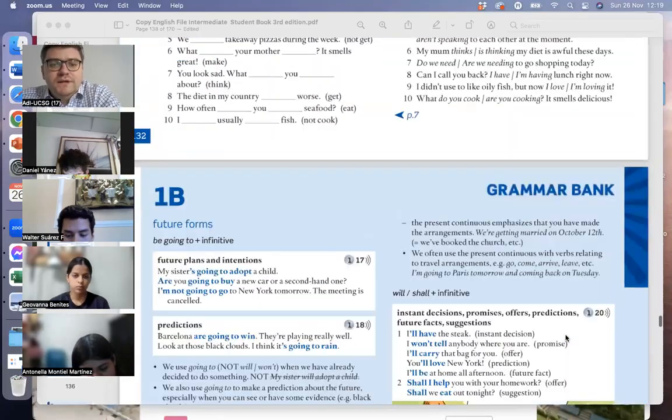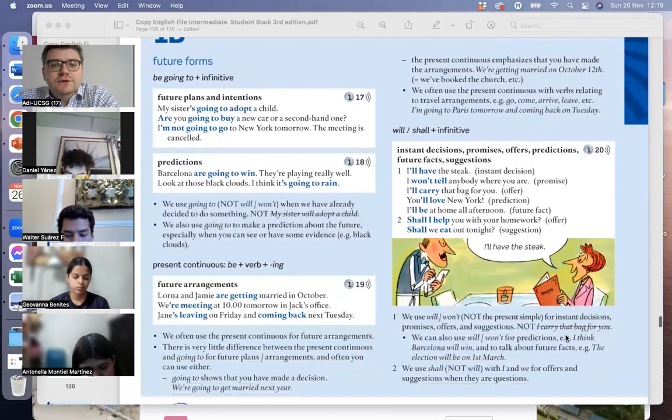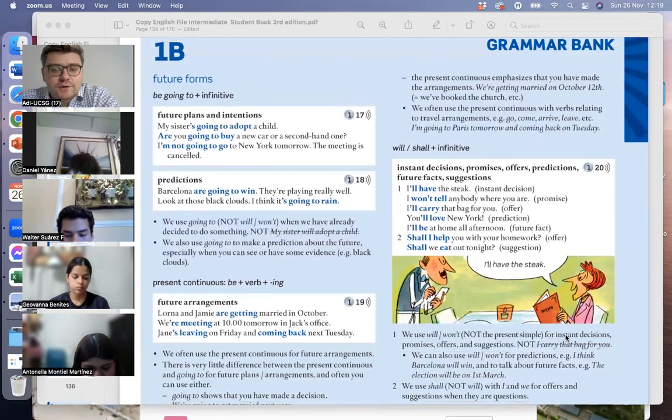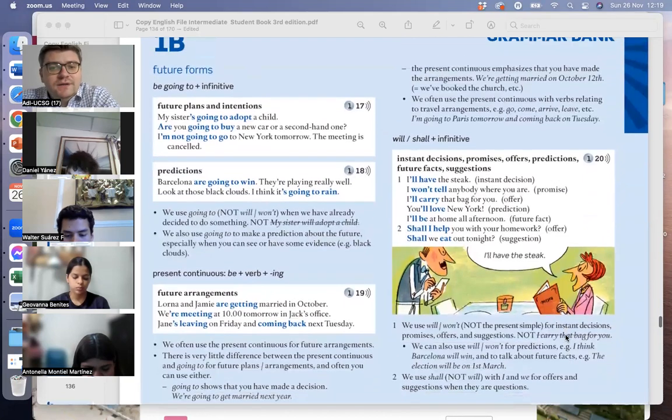So what we're going to be looking at today are the future forms. In other words, how else can we talk about our future plans, how else can we talk about future predictions? Do you know what prediction means? Walter? What is a prediction?